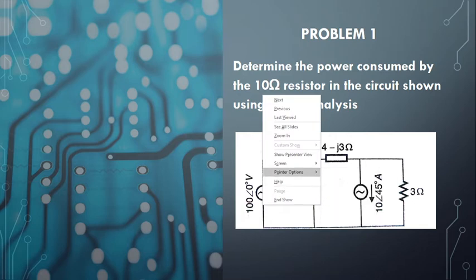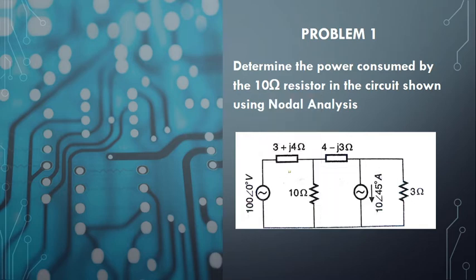We will assume this to be the positive terminal and this to be the negative terminal, and we will assume that current flows through the circuit in this way. In that case, from negative to positive means we will write the current value to be positive. But if you see this current source, it is in the opposite direction of your original source present here. Which means this will be the reverse one, which is minus of 10 angle 45. I hope I've made my point clear.